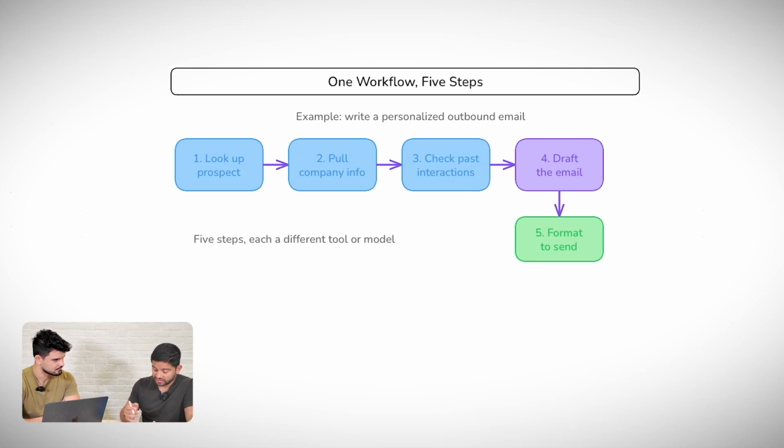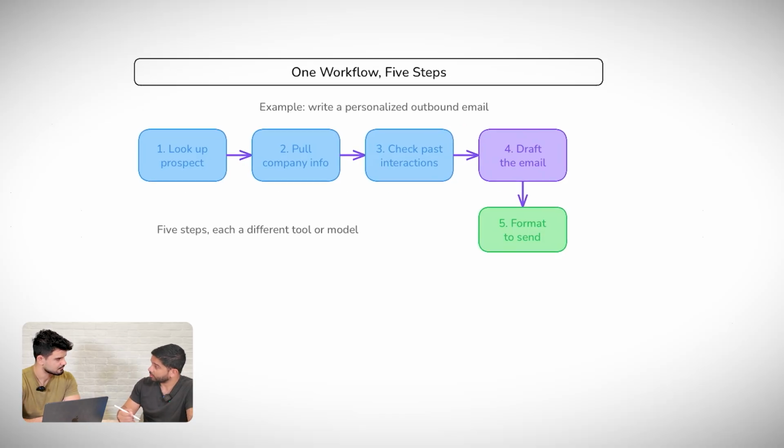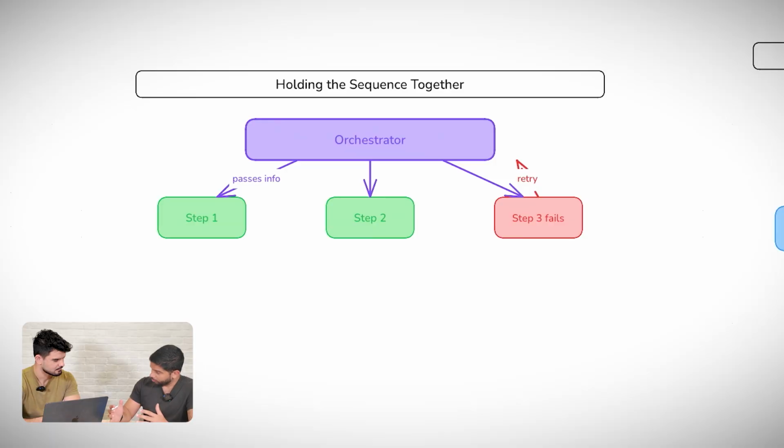The 5 tasks are to look up the prospect, to look up the company, then to look up past conversations, actually perform the task of drafting the email, and then finally to send it out. That is essentially what the orchestrator would set up. But the orchestrator could pass that plan to a smaller model to actually execute it. Much better output, much quicker output, a lot fewer tokens.